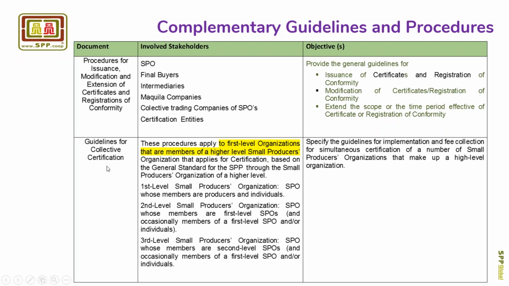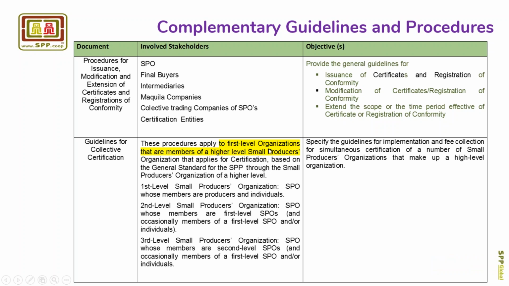Finally, we have the document of guidelines for collective certification. This document, well, in my experience, in the time I have been here at SPP Global, nobody has applied these guidelines.